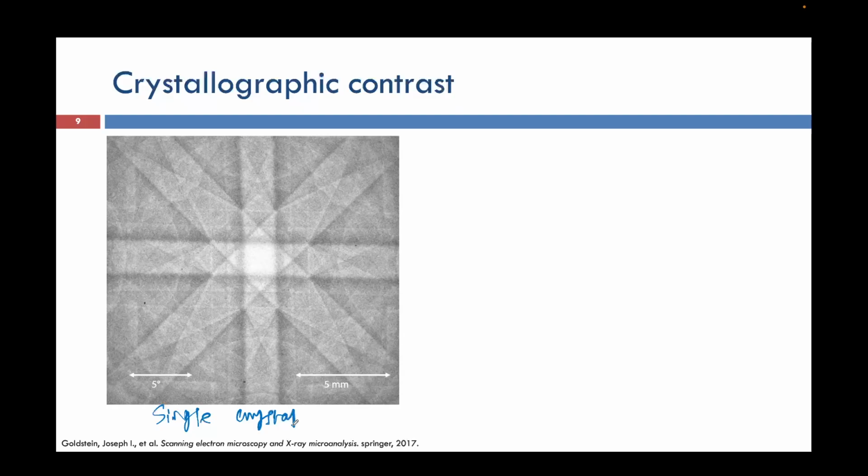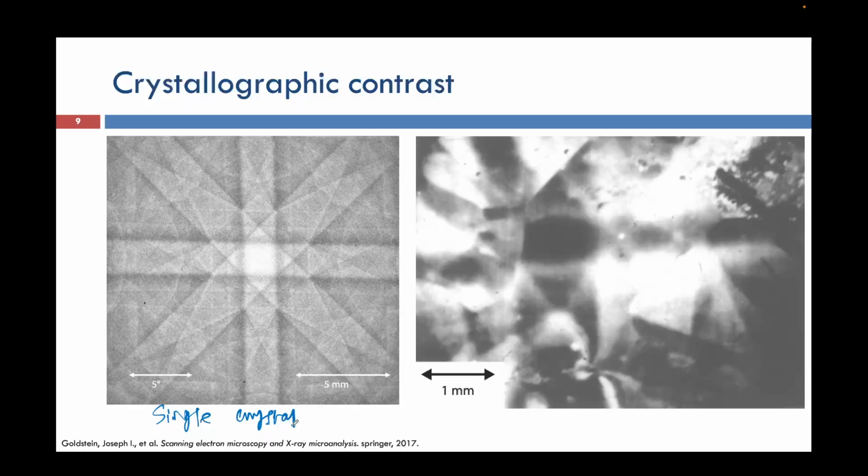So what will happen is the contrast that arises in one section will be cancelled out by the contrast in the opposite section. That is why in a polycrystalline sample we will not be able to get a clear series of lines.